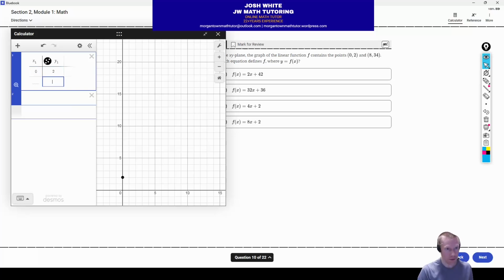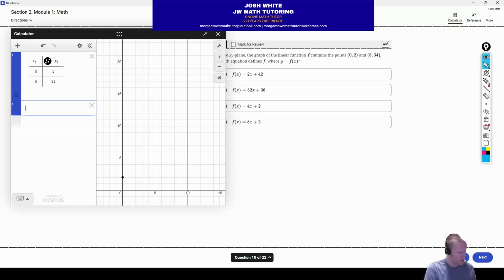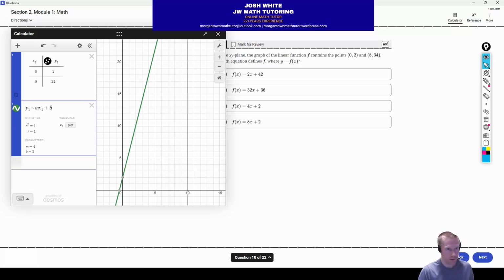Let's put both of those points in the table. Then let's do a linear regression. That'll give us the slope. That'll give us the y-intercept, which will give us the answer. So it looks like the slope is 4. The y-intercept is 2. Therefore, the correct answer is going to be letter C here. F of x equals 4x plus 2.